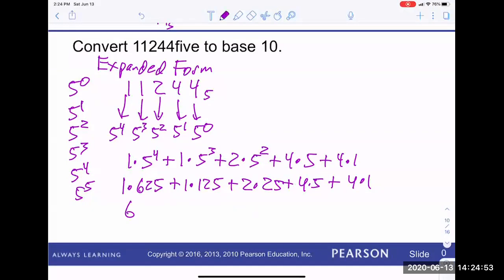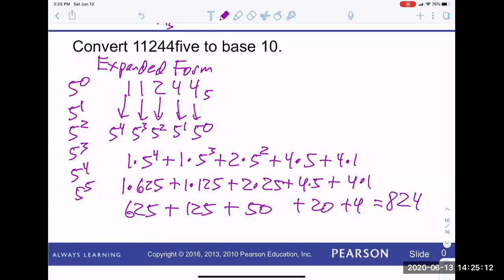This would be 625 plus 125 plus 50 plus 20 plus 4. Gives me the value 824. That's my base 10 number for this base 5 numeral. And I can do that with any base.